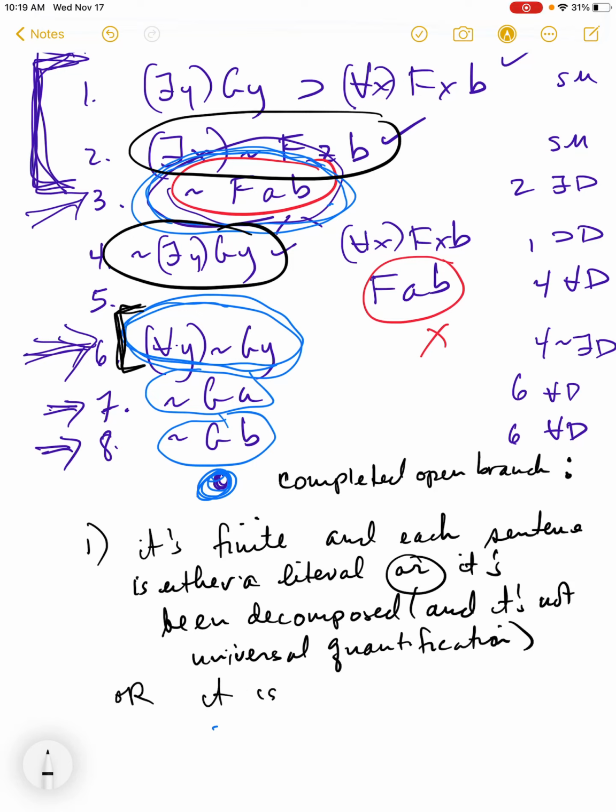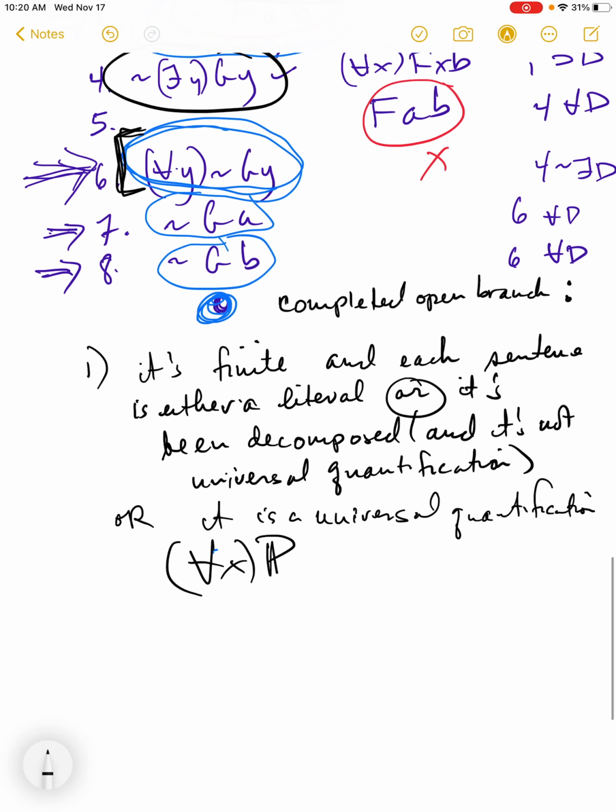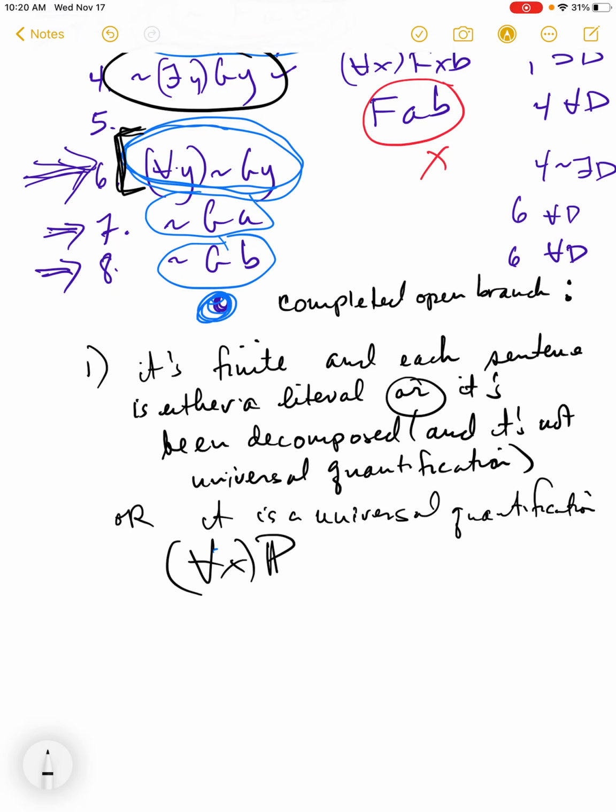Or it is a universal quantification, so of the form, say, for all x, blah, blah, blah, such that you've written down each instance of it using the constants that appear higher up on the branch. Let me put it this way.